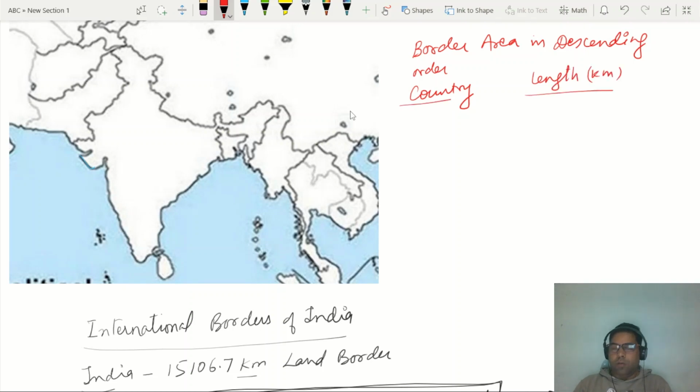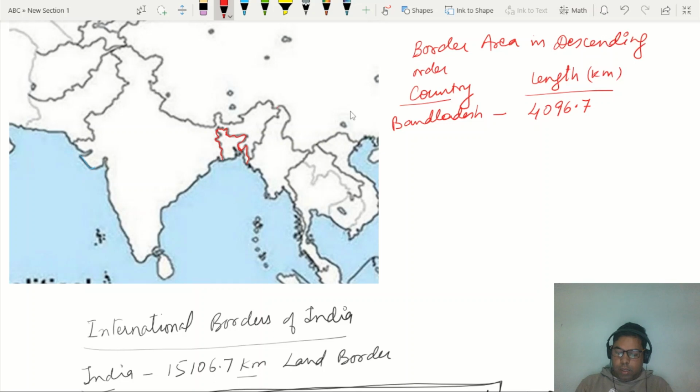Right. Now this is the border of Bangladesh. The state divisions we will cover further. Bangladesh shares a border with India of about 4096.7 kilometers. Then it comes to the border of China.